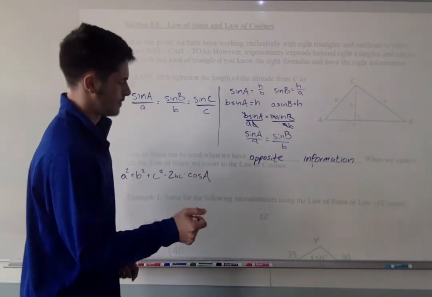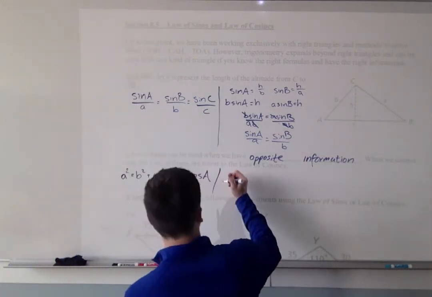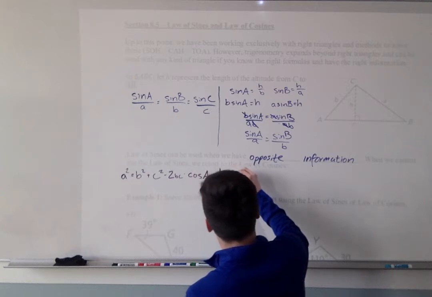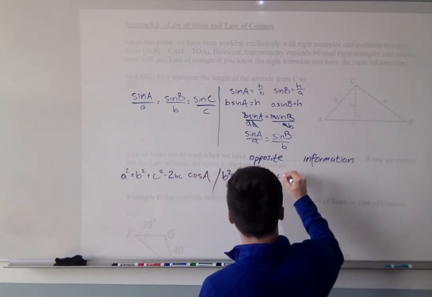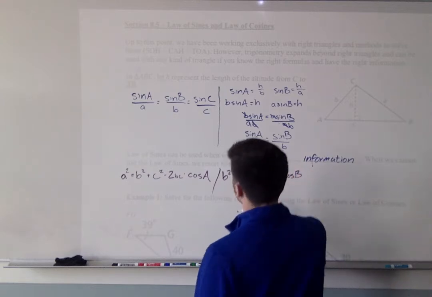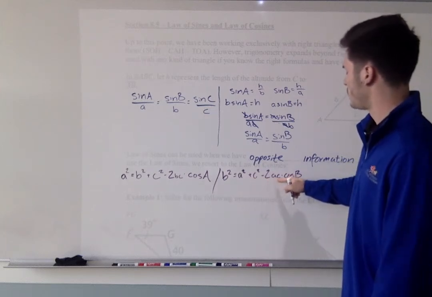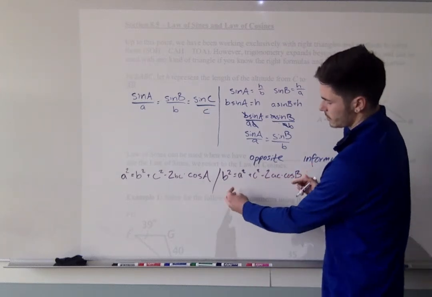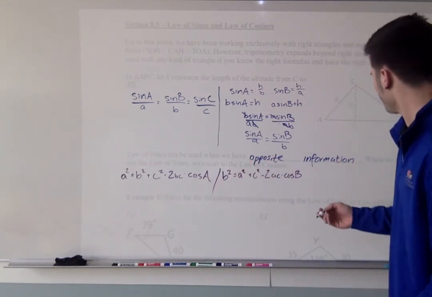So this formula can also look like, for the other letters, we could have b squared equals a squared plus c squared minus 2ac times cosine B. As you can see, we've got our book covers here, and we're going to close everything else in.